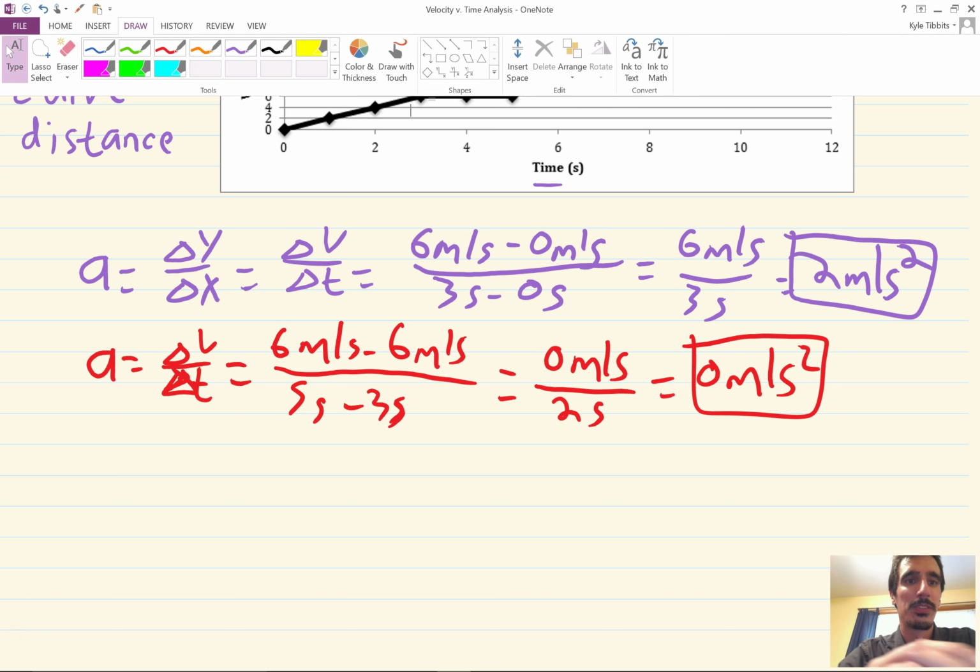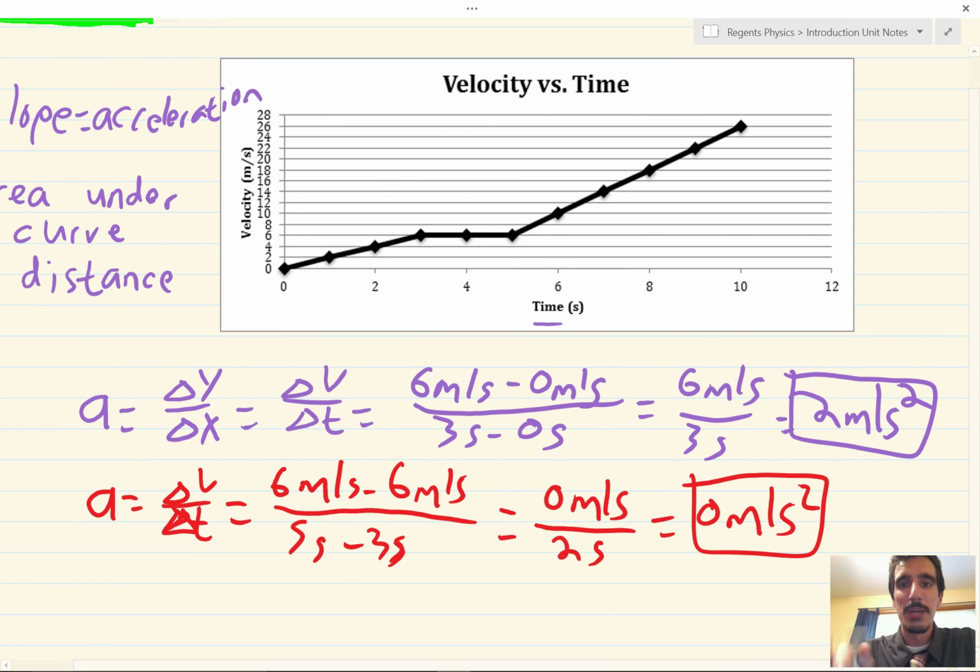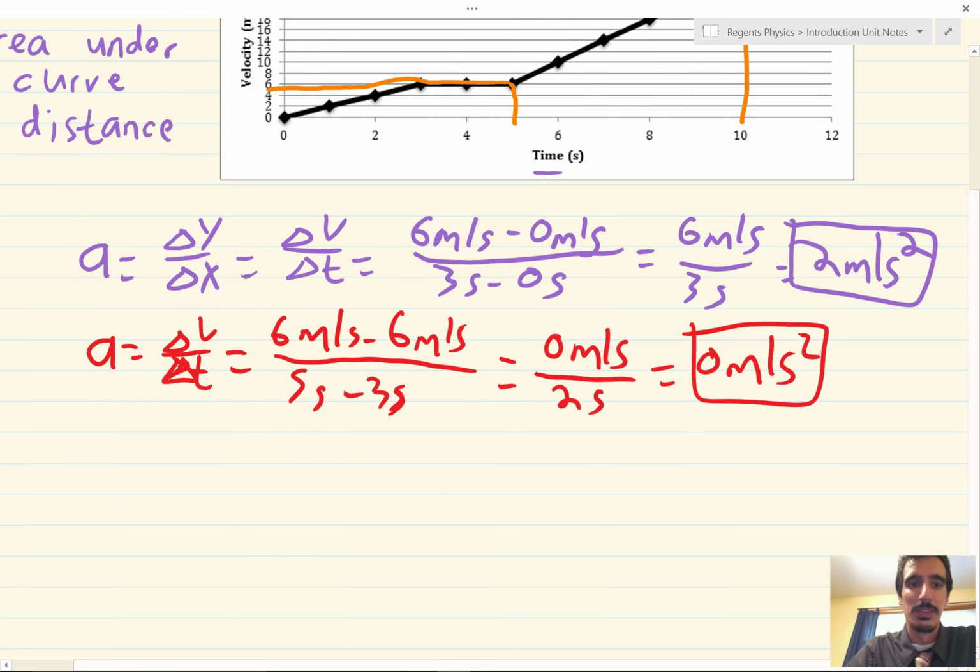Alright, back to physics. So last time interval, we're going from 5 seconds all the way to 10 seconds. Our velocity at 10 is 26 meters per second, and at 5 it's 6 meters per second.